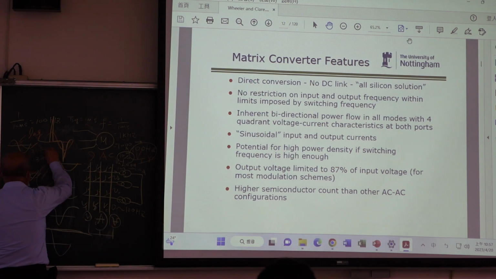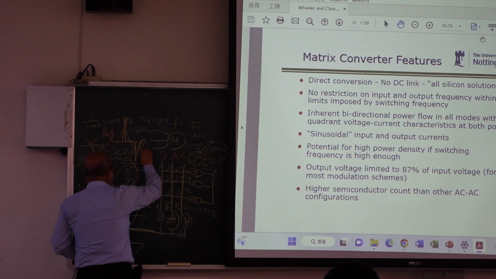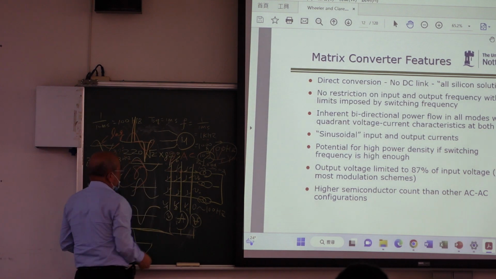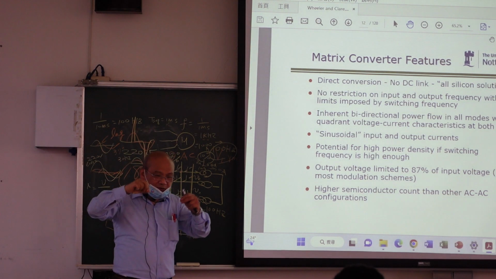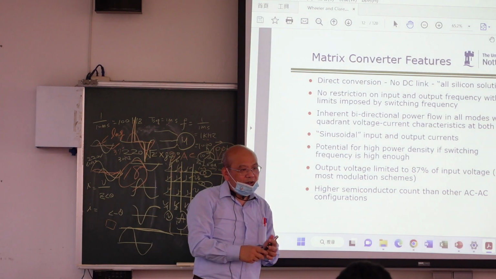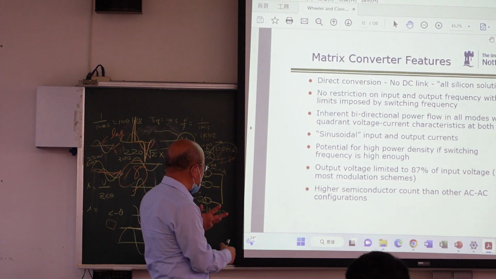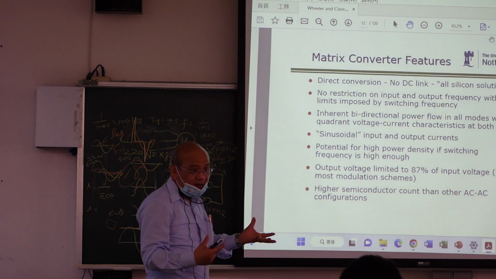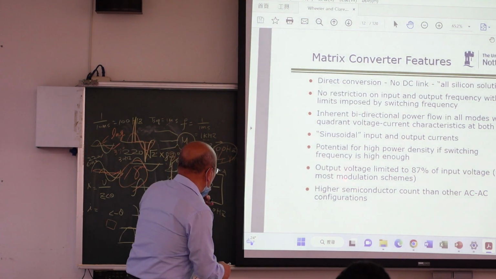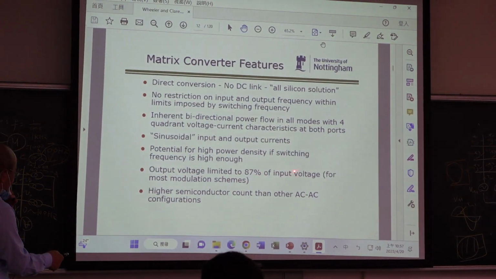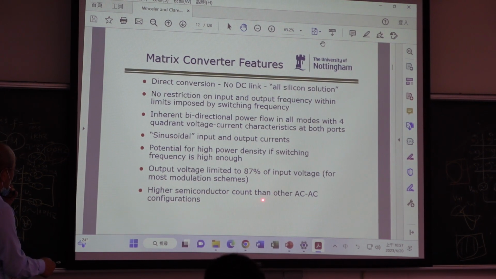So if you have 220, then the peak value is this one, then you have to multiply by 87%, which means your DC bus is lower. You cannot reach the peak value. Why? Because you don't use a capacitor. So your DC voltage should be reduced. This is the disadvantage of the matrix converter.